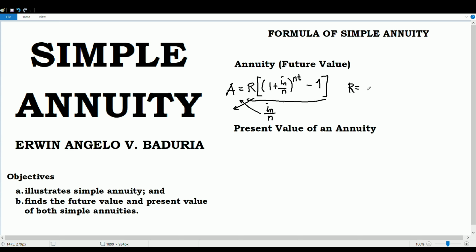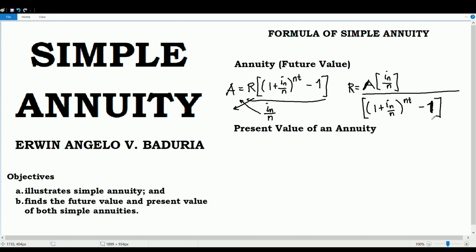So A is multiplied by i subscript n over n, upward from the denominator to A, and downward, the whole bracket of the quantity beside R. So we have R equals A times i subscript n over n, all over (1 plus i subscript n over n) raised to nt, minus 1.